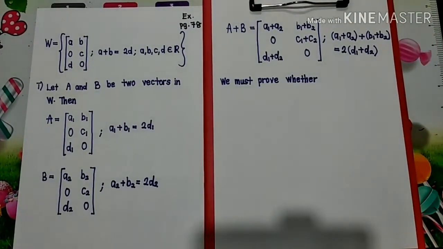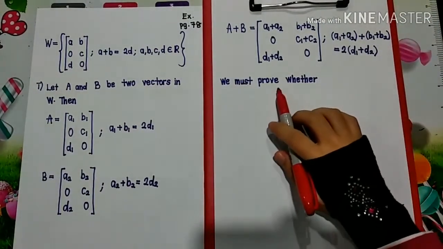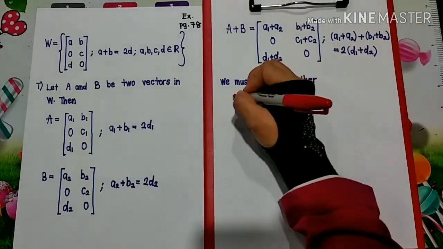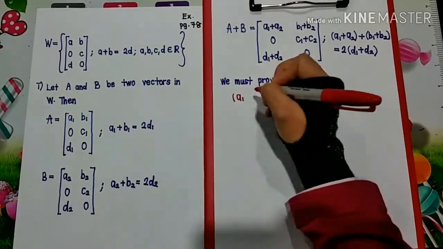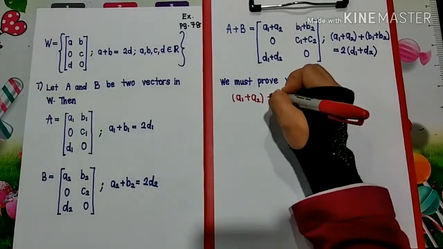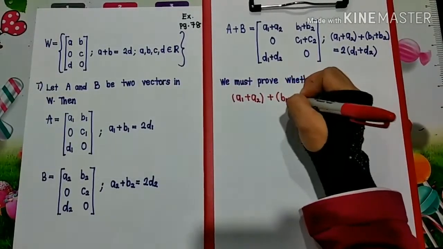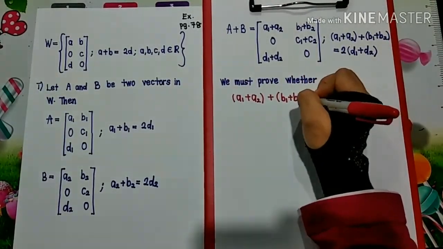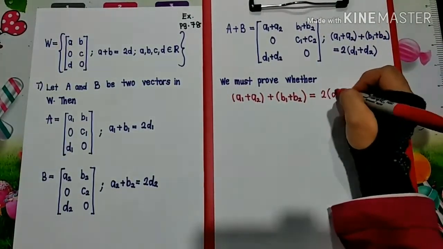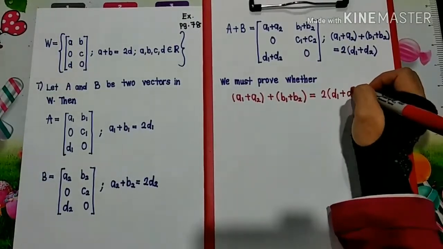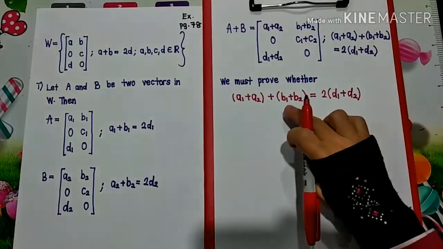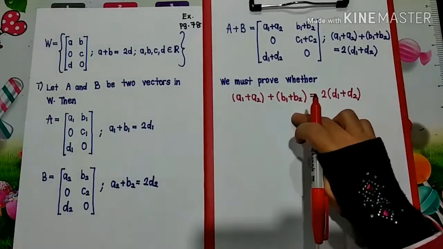Next, we must prove whether the condition A1 plus A2 plus B1 plus B2 equals 2 multiplied with D1 plus D2.